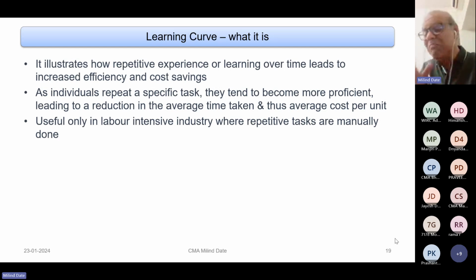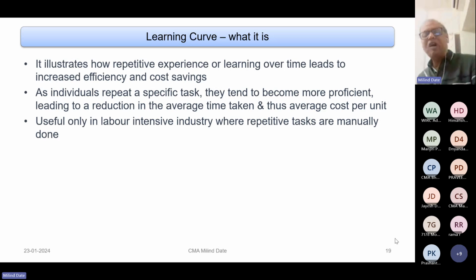It has been empirically found, not mathematically proven, and that's the biggest assumption on which this concept works, that with doubling of the output, the cost goes on reducing at 1 minus the learning curve.